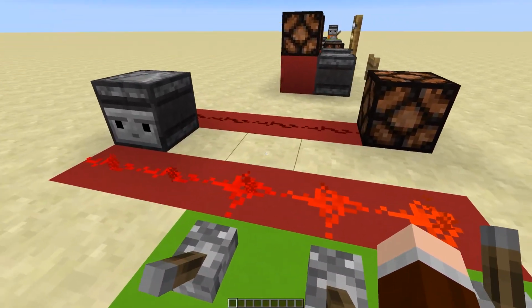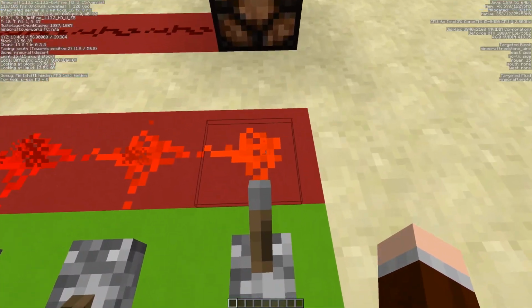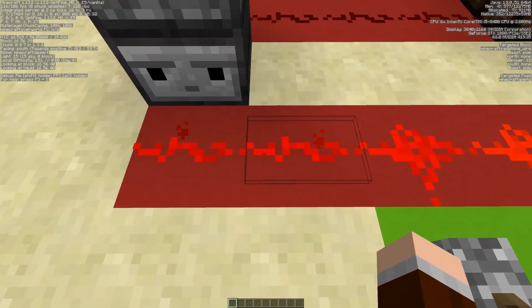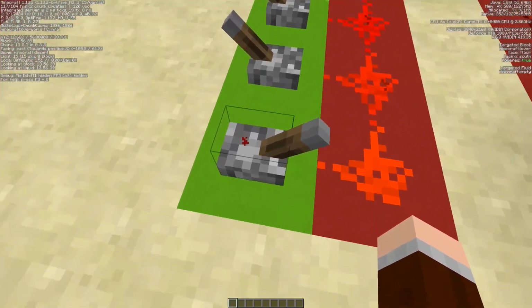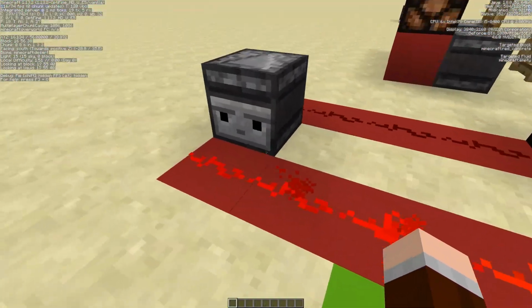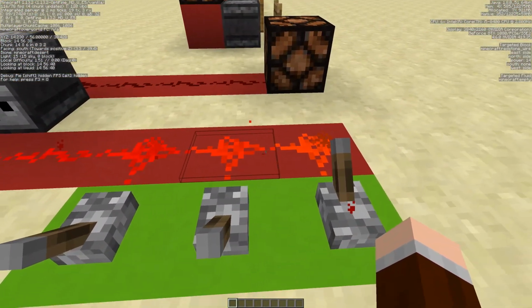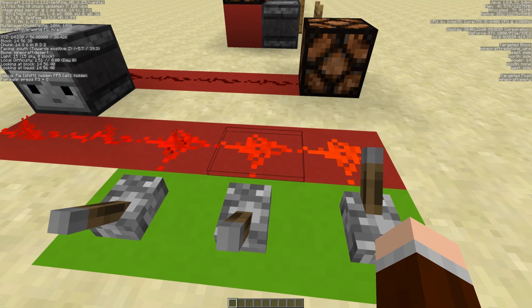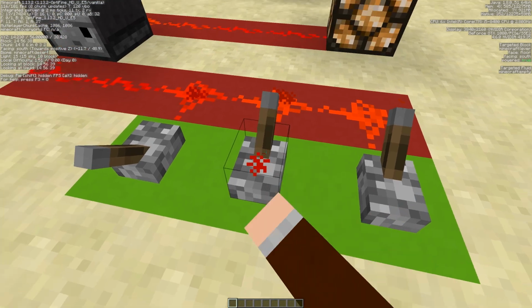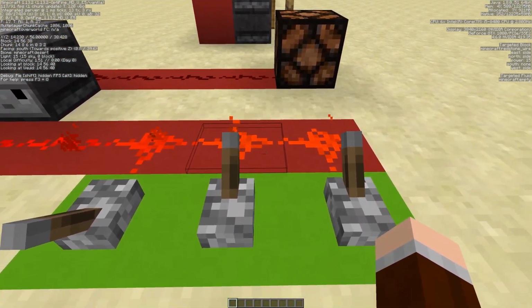But this is not all. In the last episode, we've talked about the redstone strength. As you can see, this one has 15 because it's attached to this lever, 14, 13, 12, 11. Now, if I turn this lever on, this piece of redstone would have the power of 15. The power does not add up, it is actually 15.